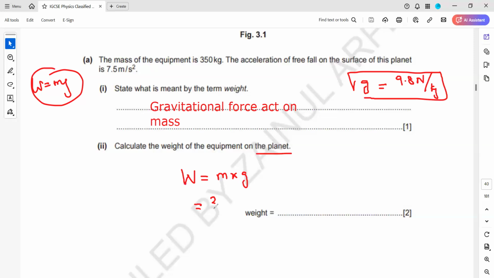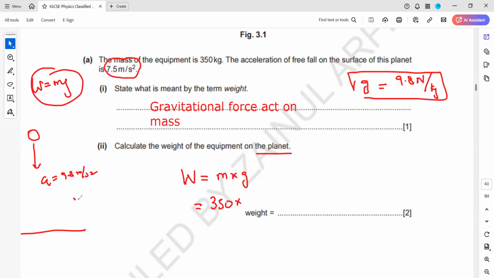The mass of the object is 350. What about the gravity? Acceleration due to gravity is also known as the value of gravity. For example, without air resistance, if I drop any object on Earth, it will always have an acceleration of 9.8 meters per second squared.